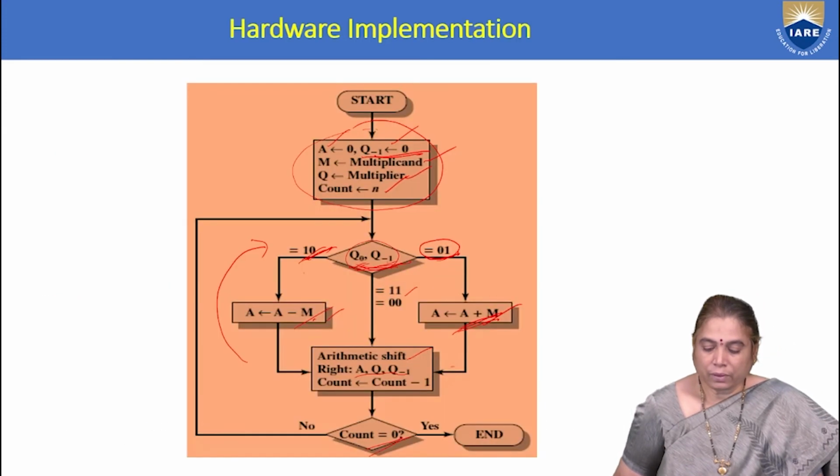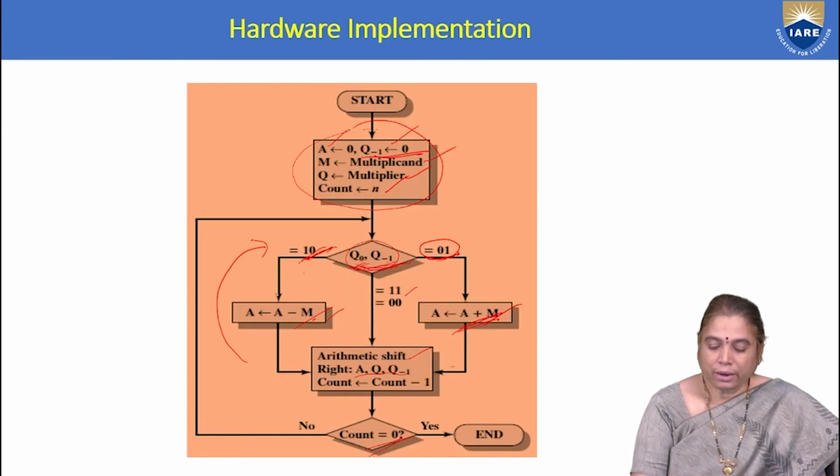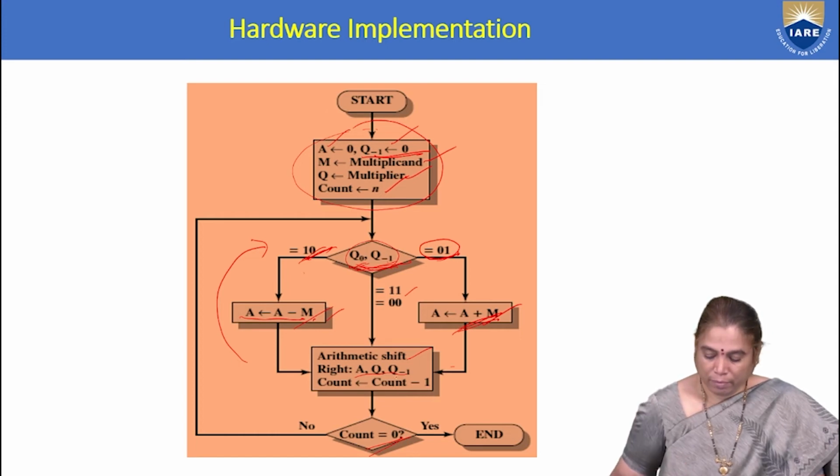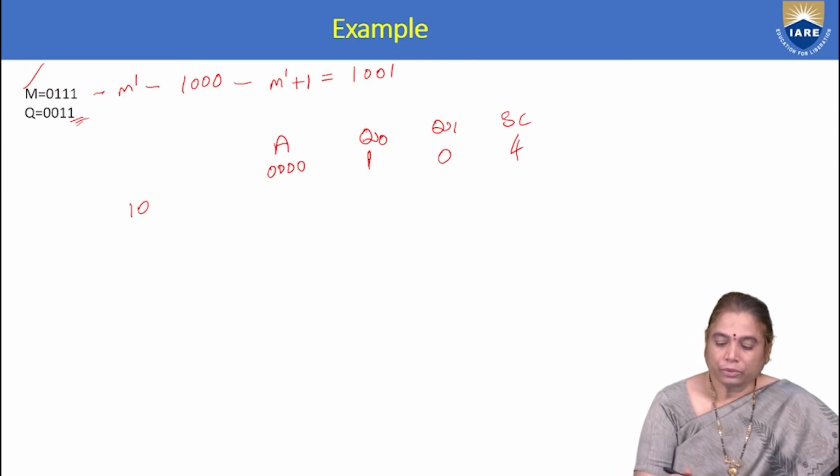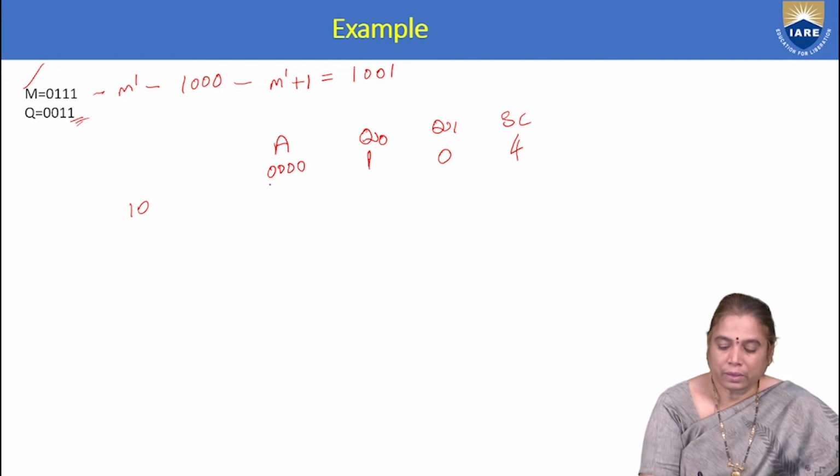If it is a 1 0 combination, then we have to perform A minus M. Then the arithmetic shift right operation is performed and next the count is decremented. In order to perform A minus M, 2's complement addition is used. This is the A value, with which the 2's complement of M is added.